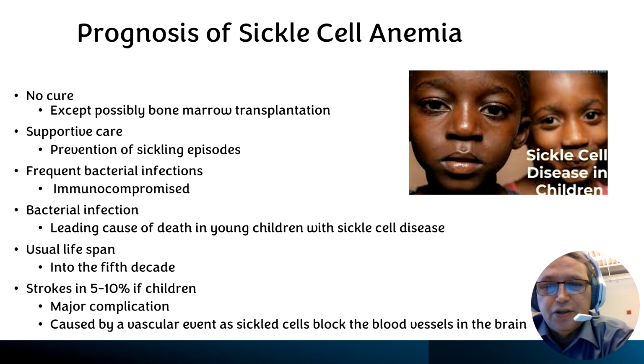Life expectancy is improved, but complications like stroke remain significant, and cardiac ischemia is always a real thing regardless of age. So, yeah, we can't cure it unless we do a bone marrow transplant, and trust me, a bone marrow transplant is an endeavor that requires a lot of effort on everybody's part. But theoretically, the potential is there.